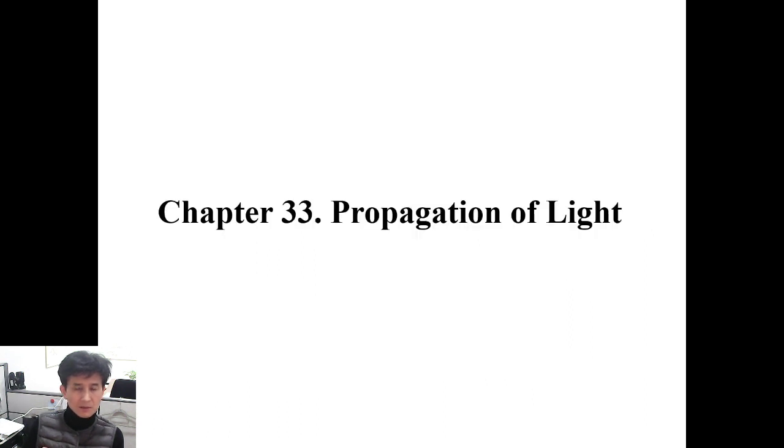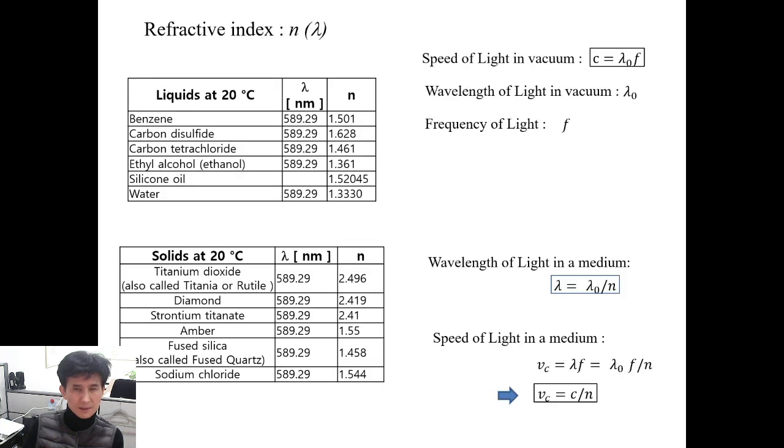And the propagation of light is about chapter 33, and there are several things you need to remember. First thing is the refractive index. The speed of light in vacuum, C, becomes lambda 0 times f.